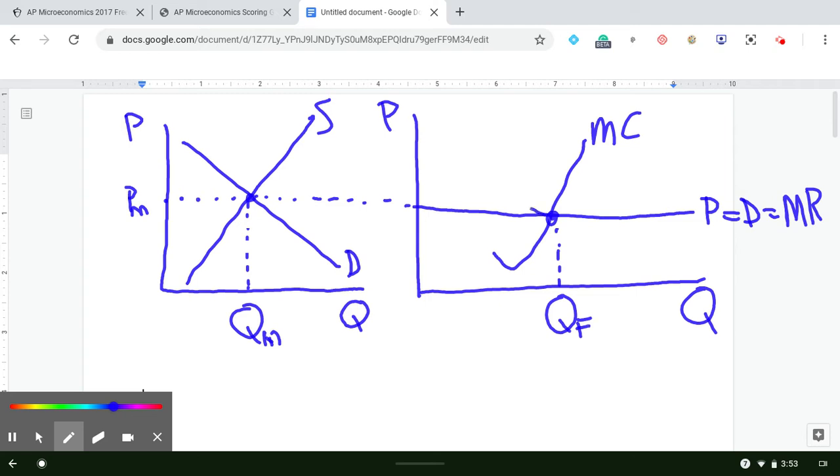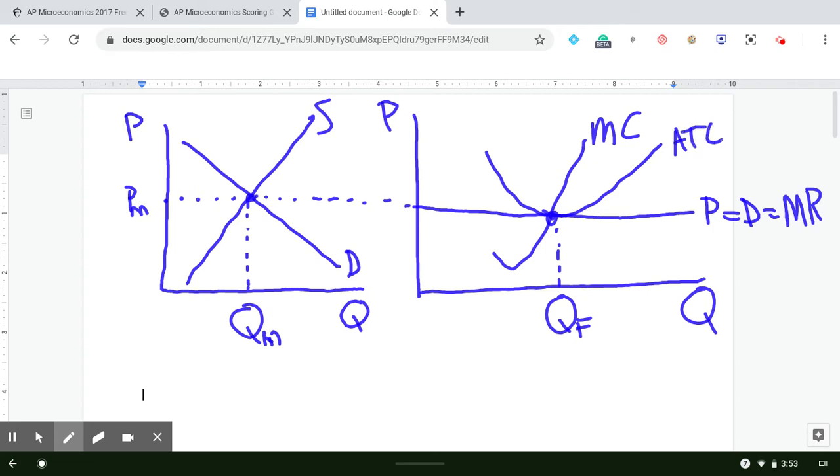So I also need to draw an average total cost curve like this to show that the average total cost curve is intersecting right here at his profit maximizing point. So price and his average total cost are equal. He's earning zero economic profit.